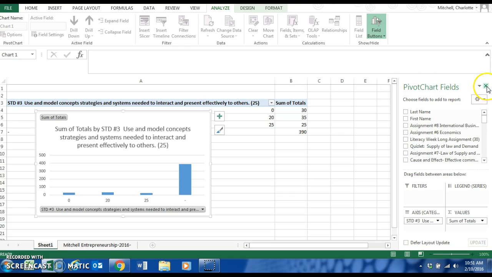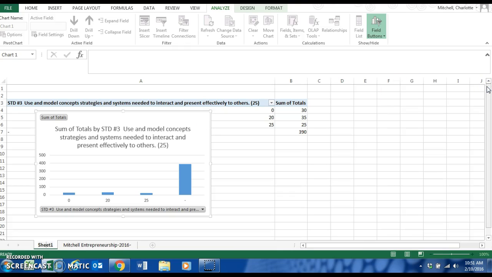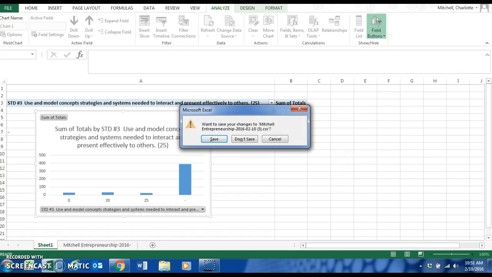I'm going to remove the pivot table because we're not going to get into anything that sophisticated as related to data. Now, keep in mind, I'm not going to save this chart.